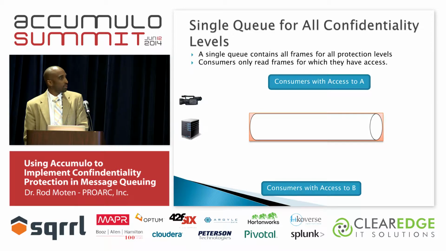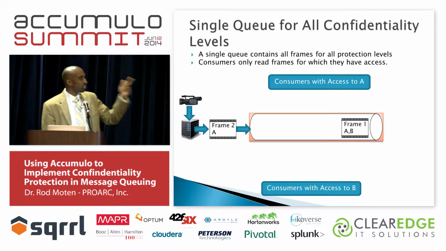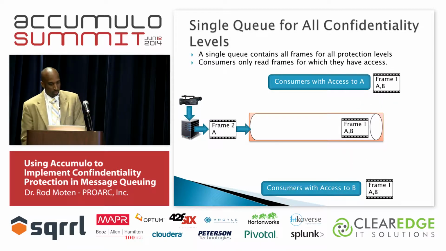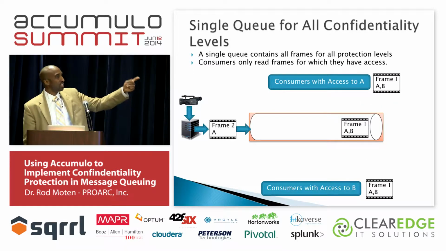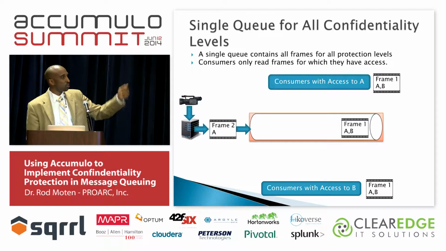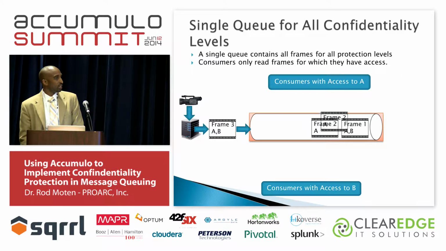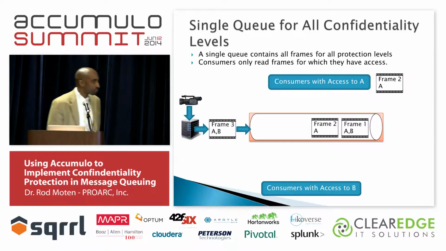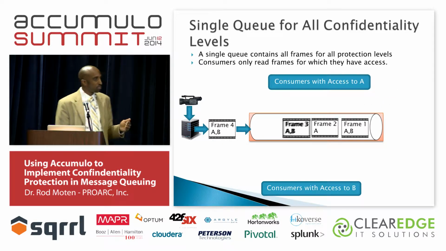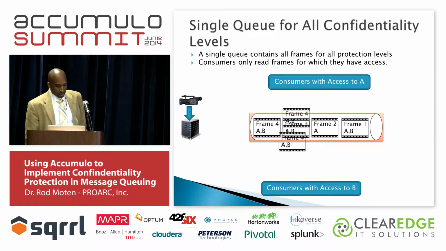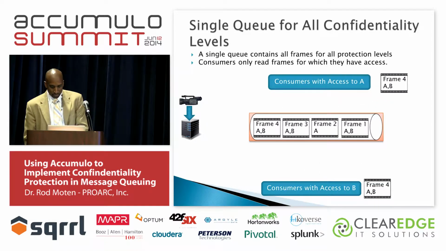Everything goes into the queue, and then the consumers only read what they have access to. So the consumers with access to A will only get frame 2 and everything else. Consumers with access to B can get the other frames. All right, so that should be straightforward.